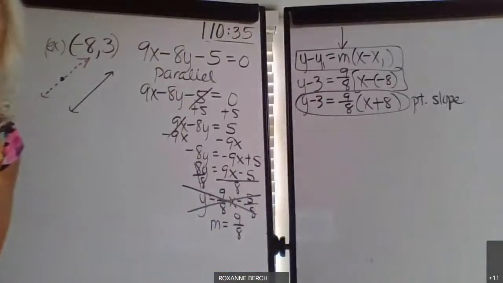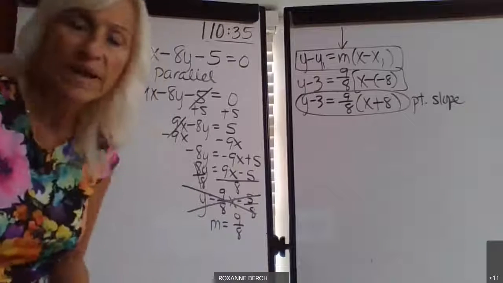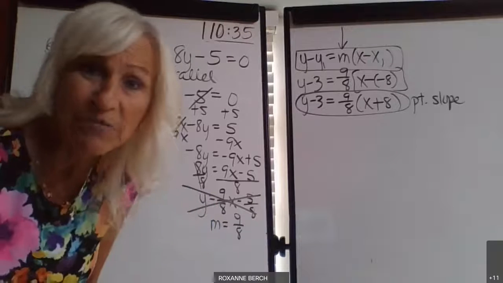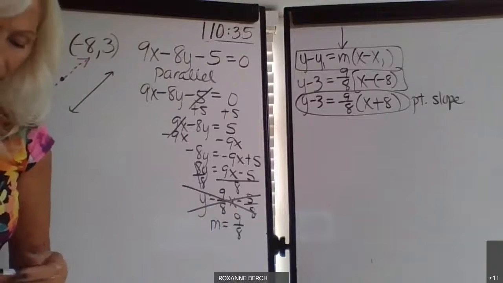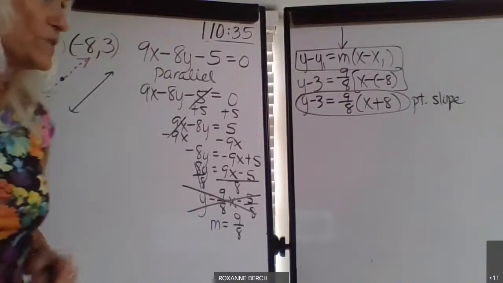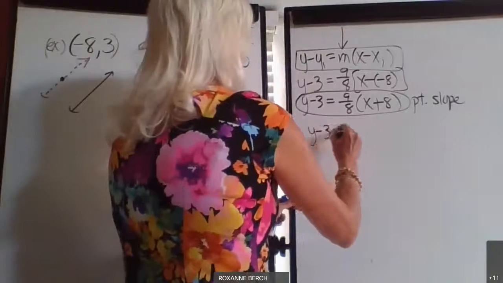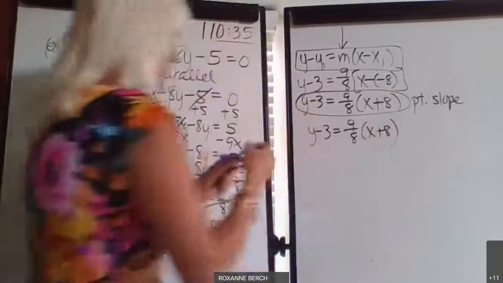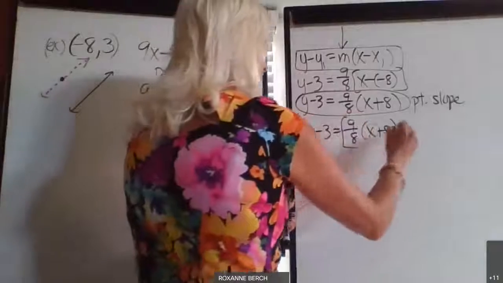Now they want general form. So I don't know about you, but if you look at the step-by-step on the globes, they're distributing fractions. I don't want to do that. So if you don't do the step-by-step, what we're going to do, which is not how I learned it, by the way, is we're going to multiply both sides by 8.